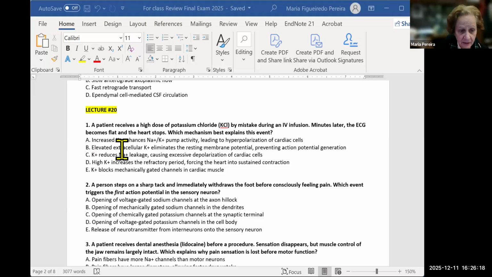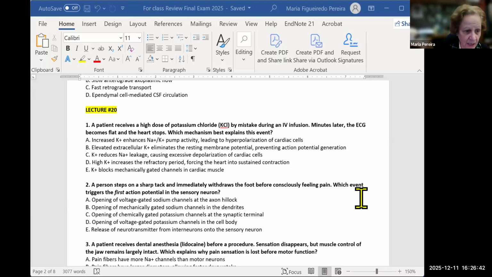So elevated extracellular potassium eliminates the resting membrane potential, preventing action potential generation. If you don't have resting membrane potential, you cannot have action potential, and you cannot have the heart pumping.